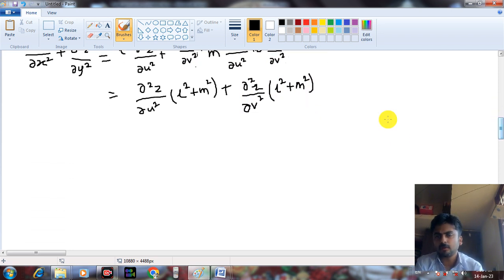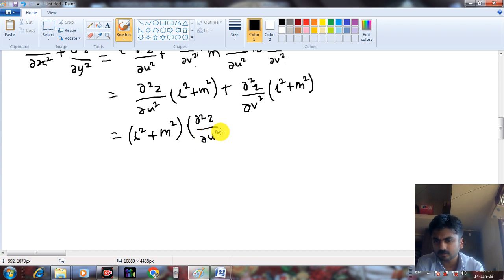Now since we are having L square plus m square as common in the above step, we can simply write L square plus m square of dou square z divided by dou u square plus dou square z divided by dou v square.